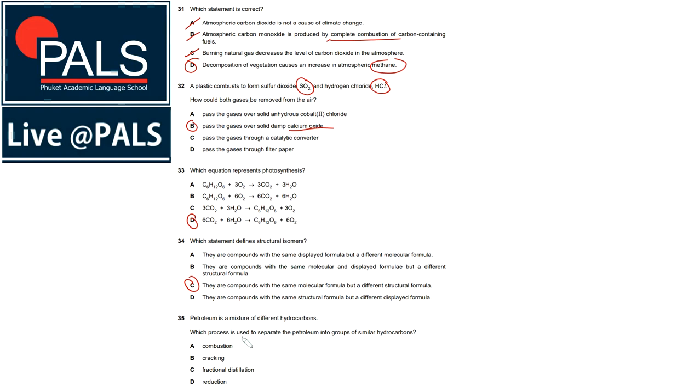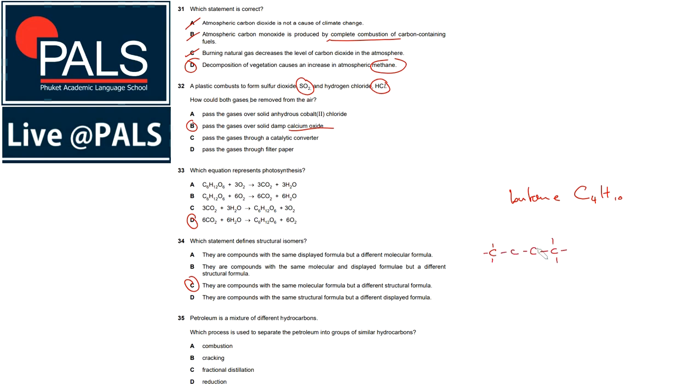Now for example, I can give you the example of this, let's say butane. Butane has molecular formula of C4H10. And the display formula we can draw, it's easier to see.